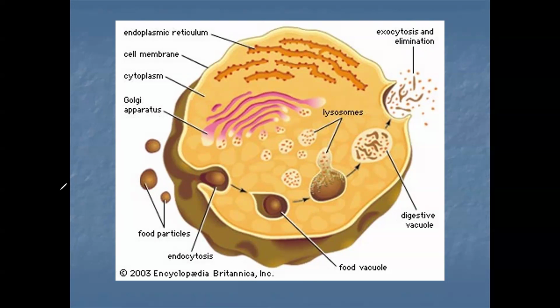But in the case of exocytosis, you are removing unwanted materials, those materials that the cell no longer needs, but they are very large, they cannot be transported using other means, so they need to be excreted or eliminated using exocytosis.